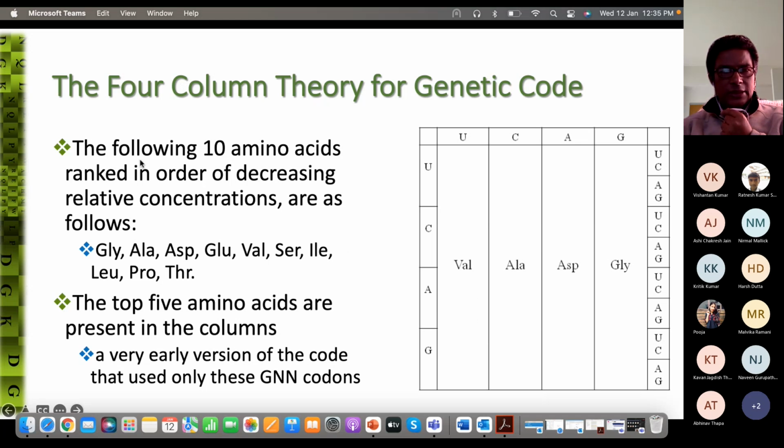What I'm showing you here is a table where we are looking at the first probable codons for, let's say, valine, alanine, asparagine, and glycine. Now, this is taken from the fact that there are 10 amino acids, the first 10 amino acids shown here, that have always been agreed upon to have the highest abundance right from the beginning.